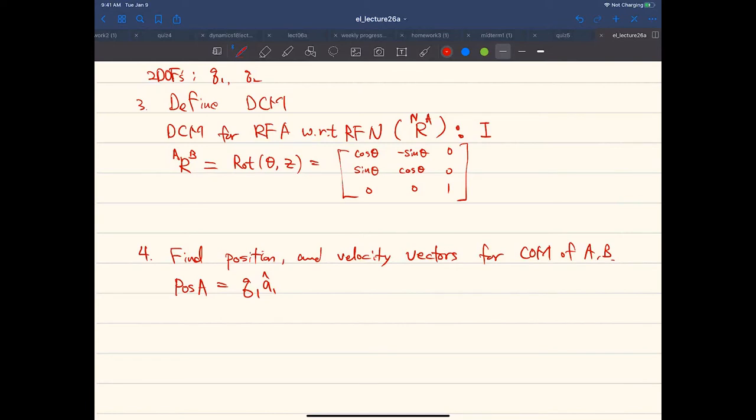Now what about the position vector for the center of mass for rigid body B, reference frame B? Well, let me just mention that we ignore fixed values.